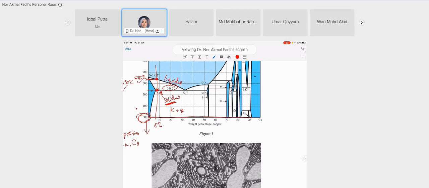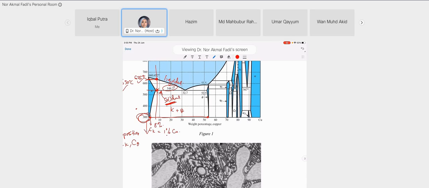So you need to draw a tie line. A tie line is from here to this one. The intercept is here, which is CK equal to maybe 1% copper.